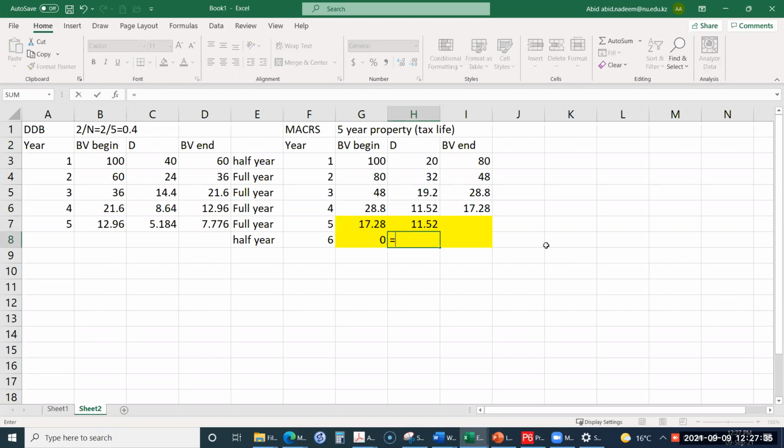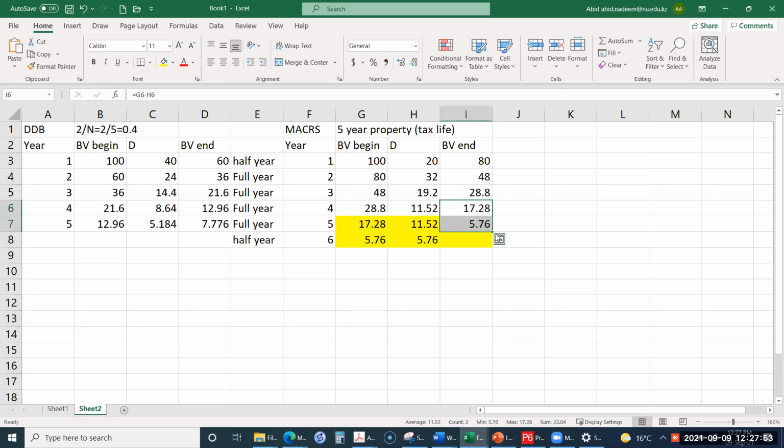And then we will depreciate 1/3 of that amount here, and that's why we will get 5.76. In this way, the ending book value will be 0.